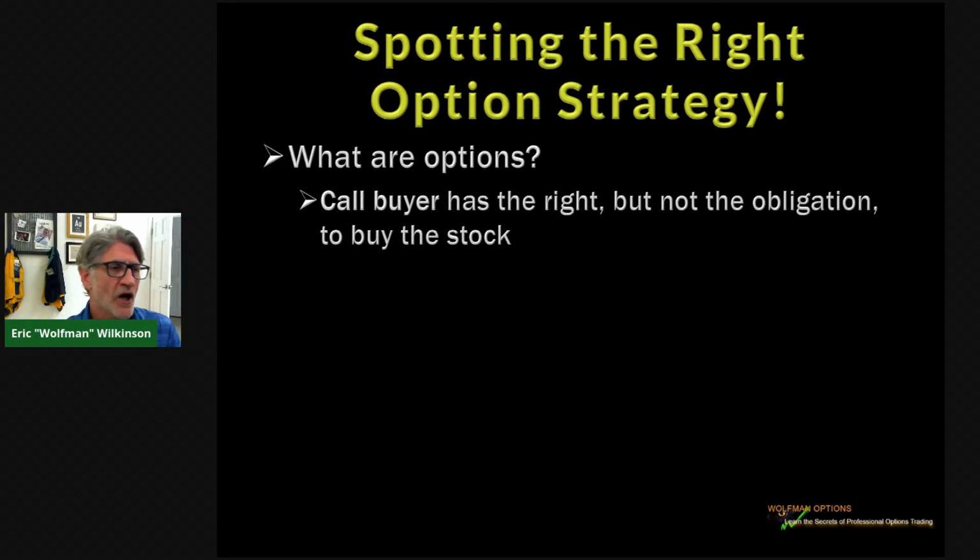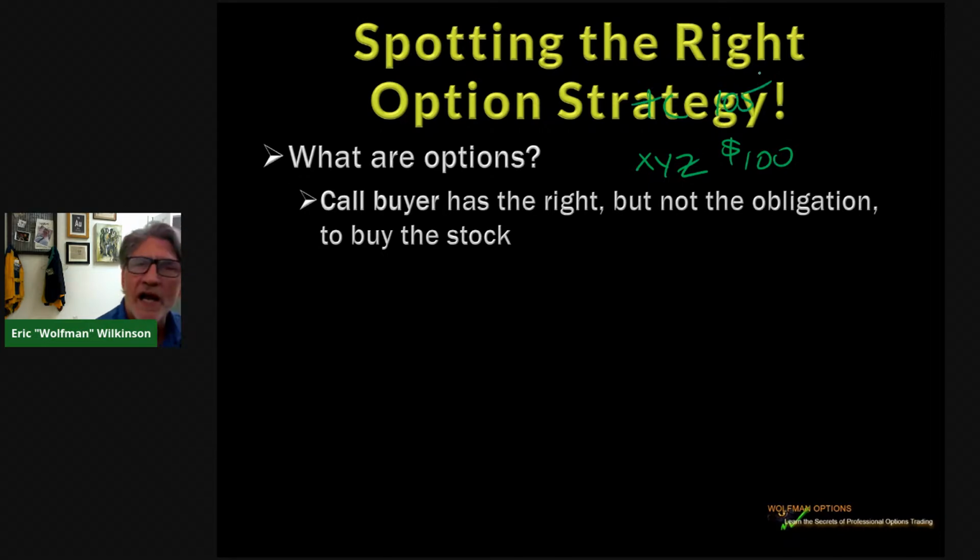So if I buy a call, and for instance, I've been using this example, so I'm going to stick with it. XYZ is trading at $100, right? And if I go out and buy a call at the 105 strike, okay, that's higher than where we're currently trading, obviously, right?